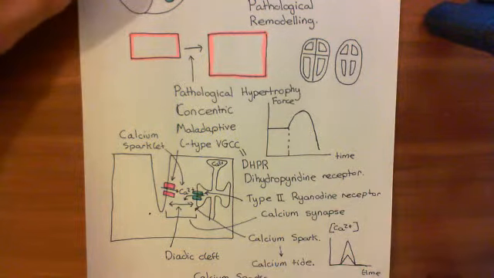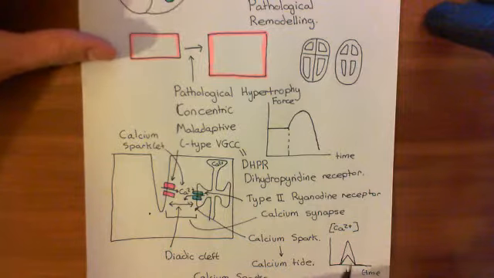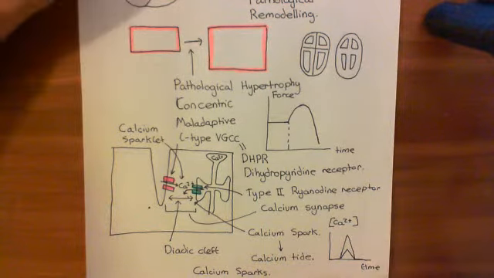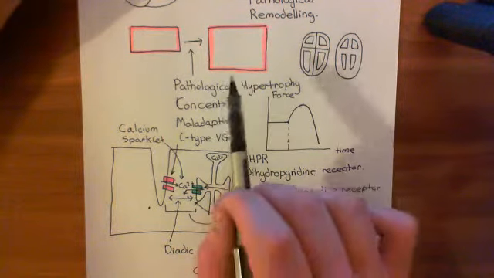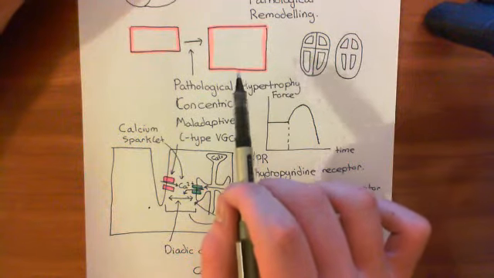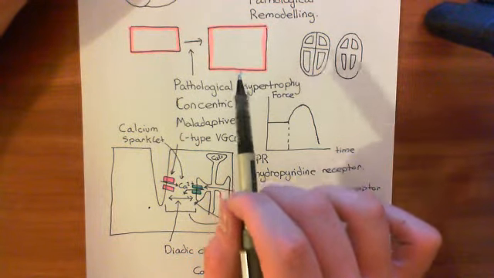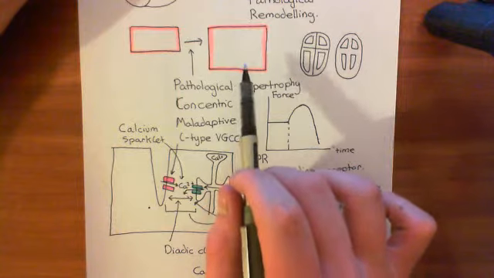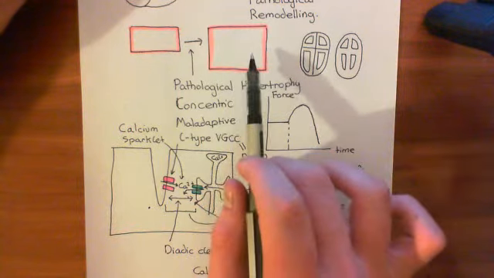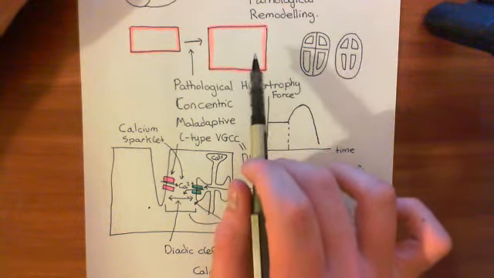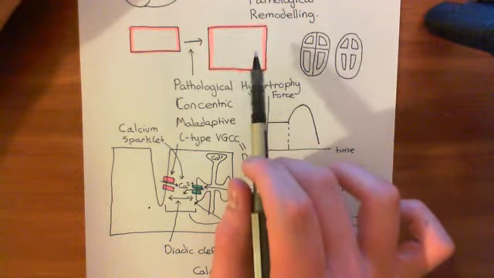What we also see is that calcium sparks are occurring in this cardiomyocyte even before an action potential has actually arrived. Now that is not what is supposed to happen.